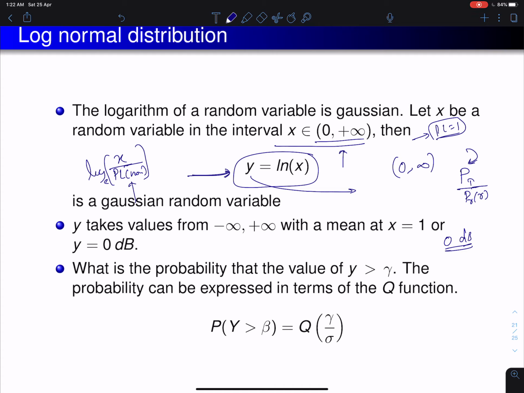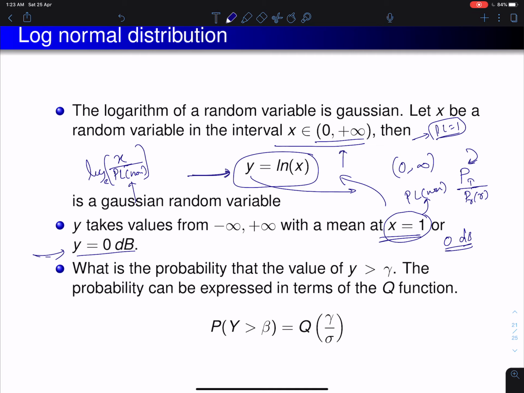So now the mean for this is going to be x equal to 1 or y equal to 0 dB. I said x equal to 1 for this variable here, or it can be x equal to PL of some nominal value. I can shift the mean to that point, some nominal path loss value.